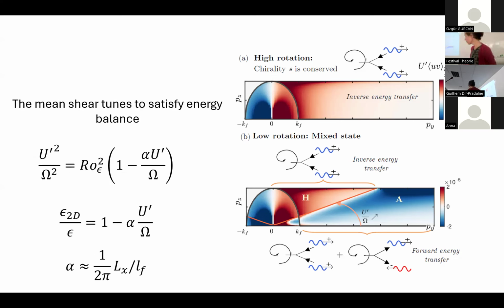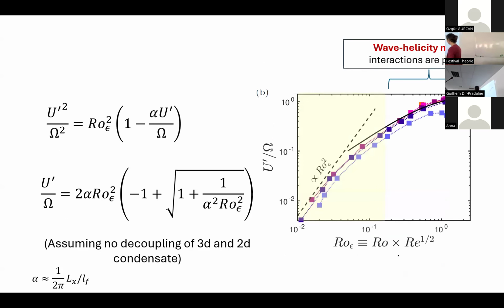Okay. So now you can close the system because you know this is the value that you have. So the dissipation of energy in the condensate has to be equal to the energy that you transfer from the waves, and that depends also on U prime over omega. So you can close this system and get a solution for U prime over omega.